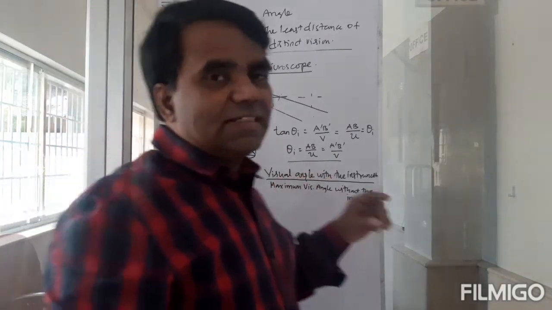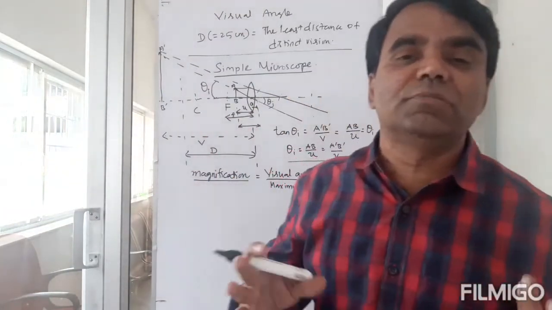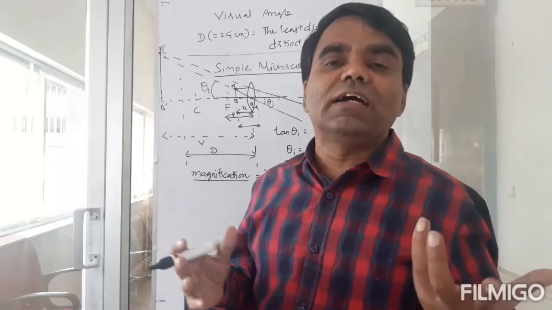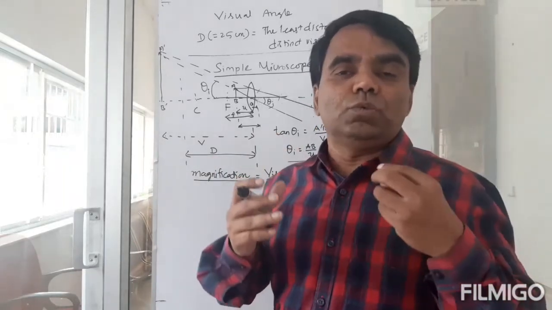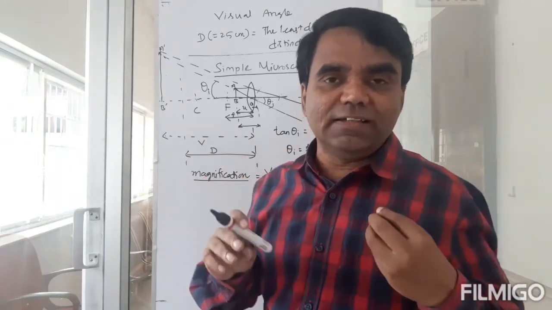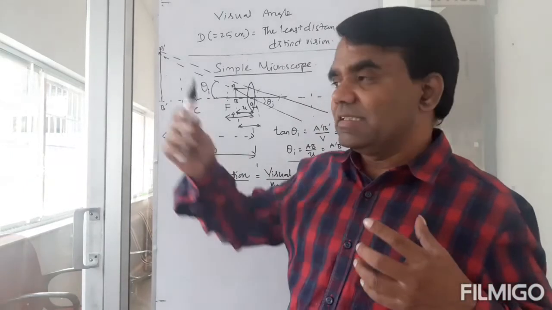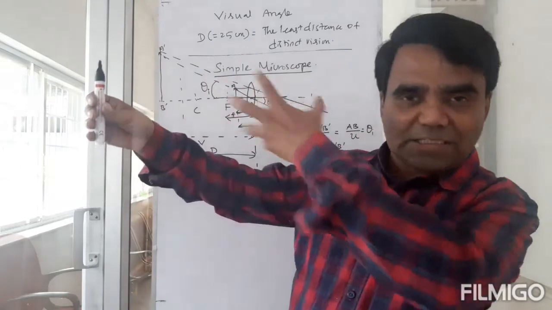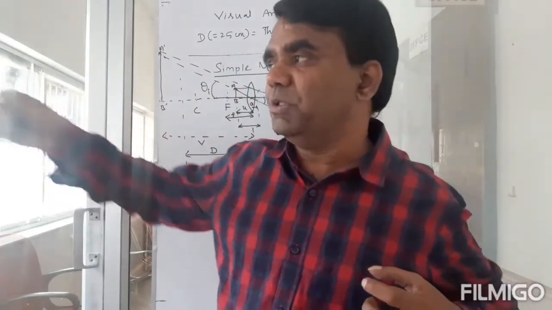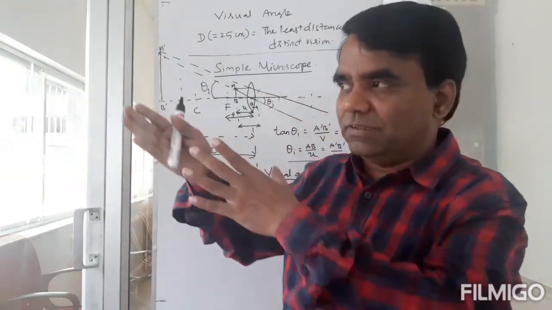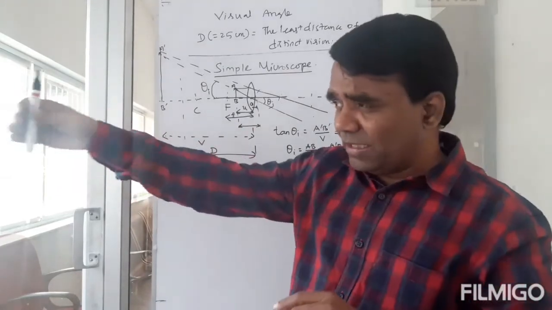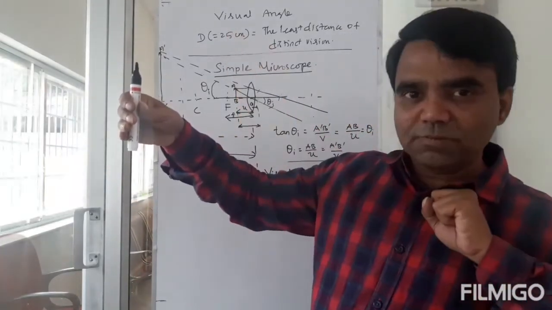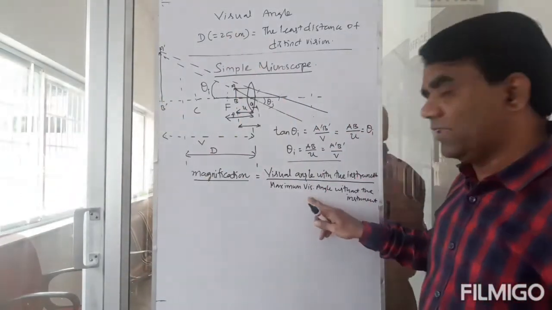So this angle is easy. The maximum visual angle you can have with an unaided eye is at distance D. If you keep the object at D, that is where you will get the maximum visual angle. And if you take it beyond, then the angle will be smaller. But only at D, you will have the maximum visual angle. So this part is fine.